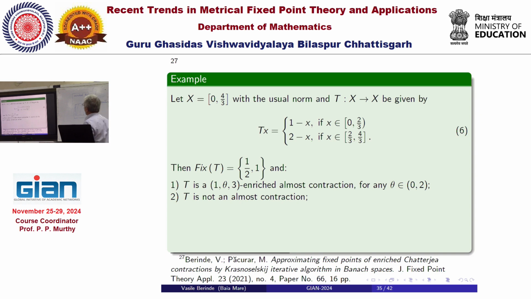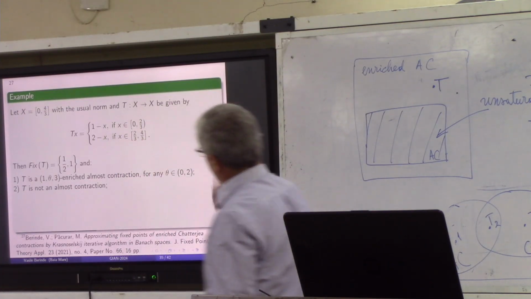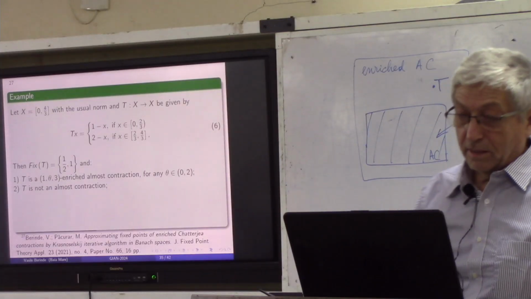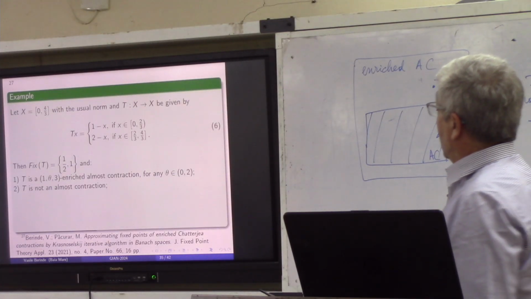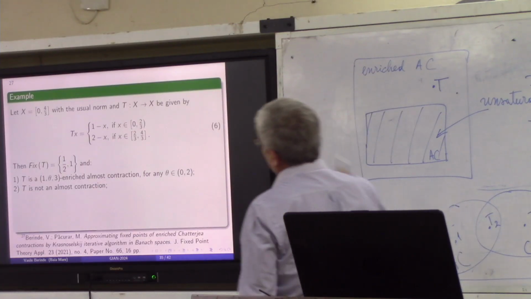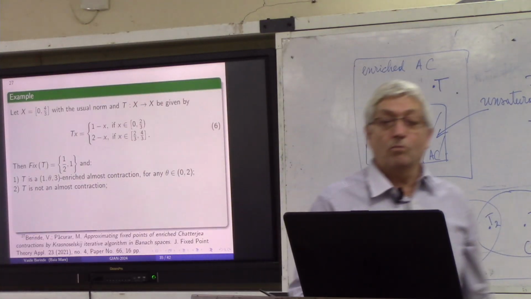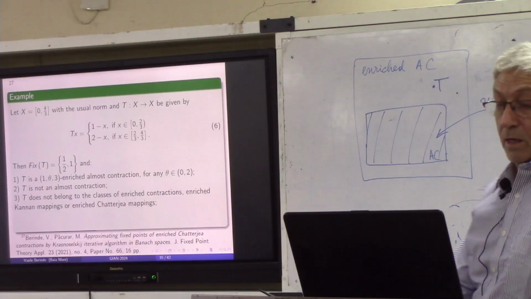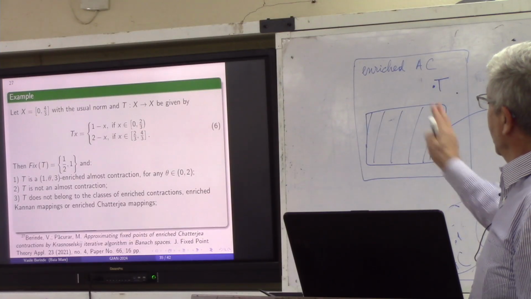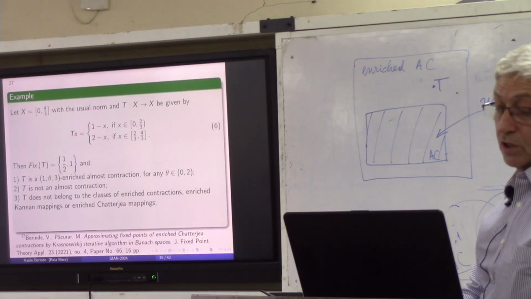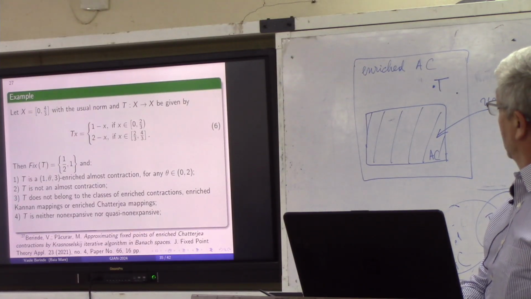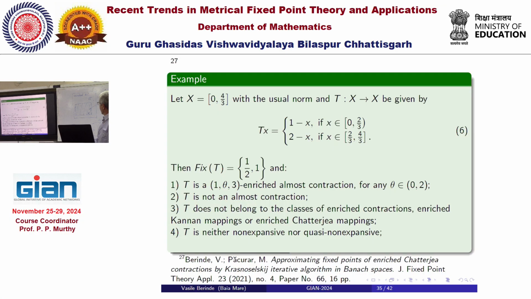And if someone wants to see this paper, I'll indicate the exact paper later. But this is not an almost contraction. We just show it because it does not satisfy the almost contraction condition. It is not in any other class of enriched mappings I mentioned, and maybe I'll speak about them in the next days. It is neither non-expansive nor quasi-non-expansive, not enriched non-expansive, and so on.